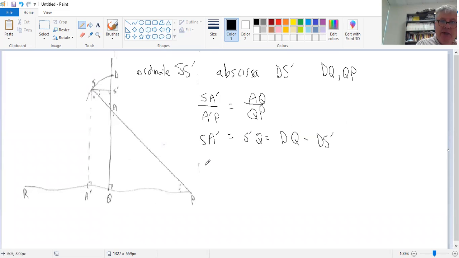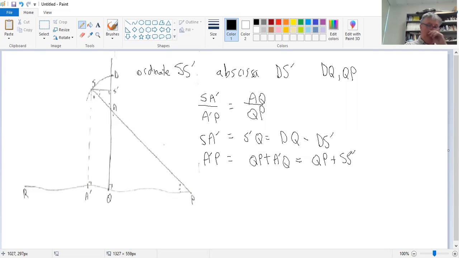A prime P on the bottom there, well, we can write that as QP plus A prime Q, and A prime Q is the same as the ordinate. So that's QP plus SS prime.